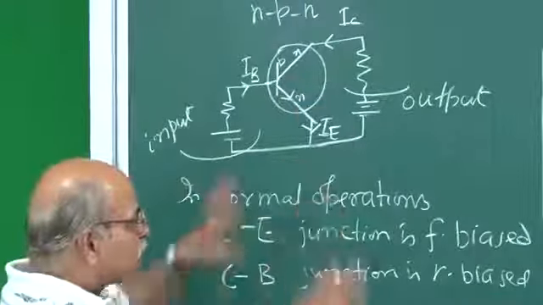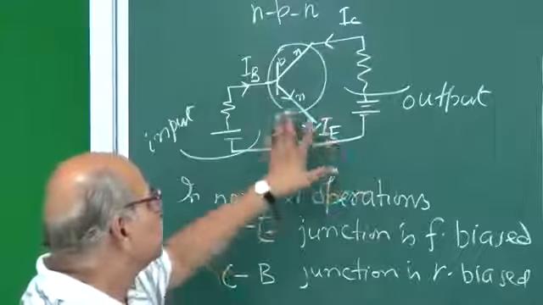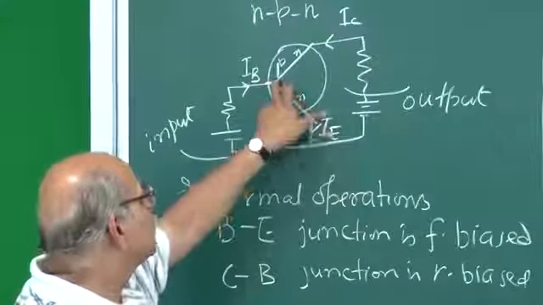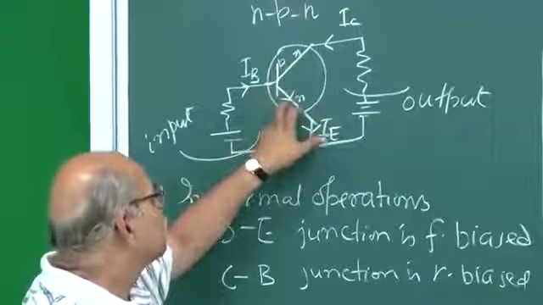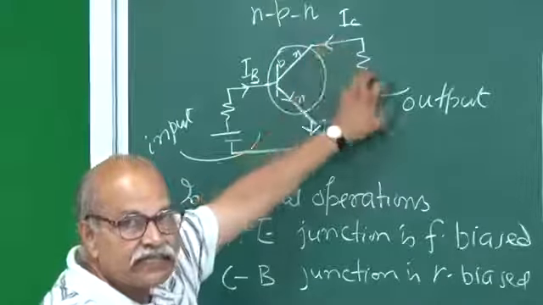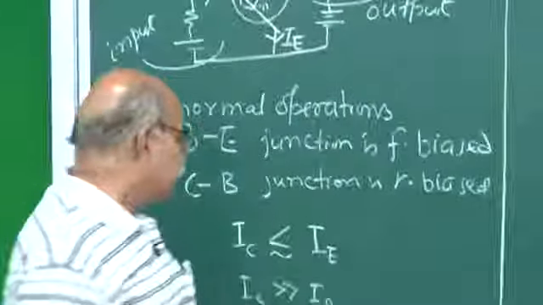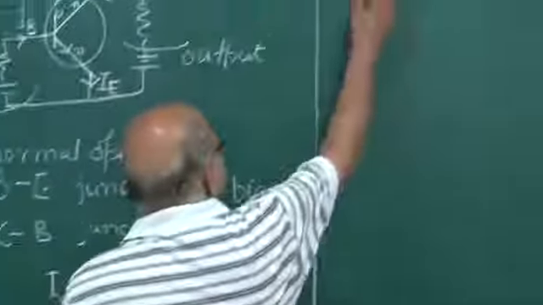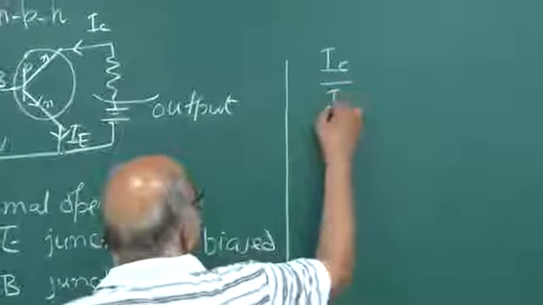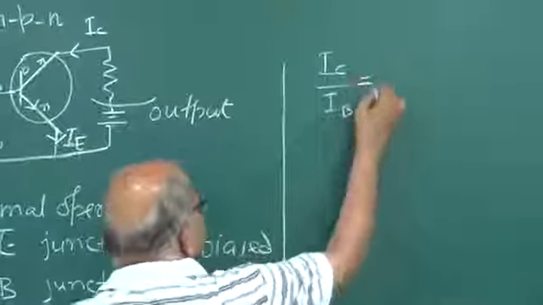So, in this whole operation that I have told, only because of the recombination some electrons are going this side, but most of them are going this side, the biasing is such. Okay. In that case, this ratio IC by IB, this ratio is fixed.